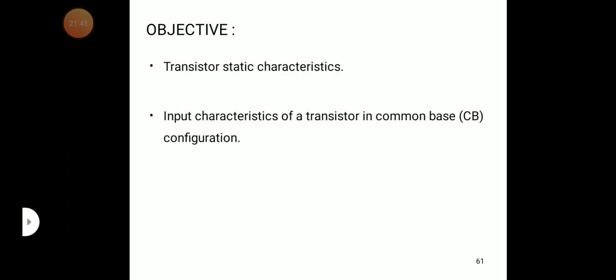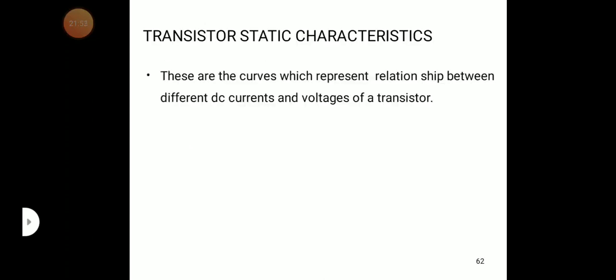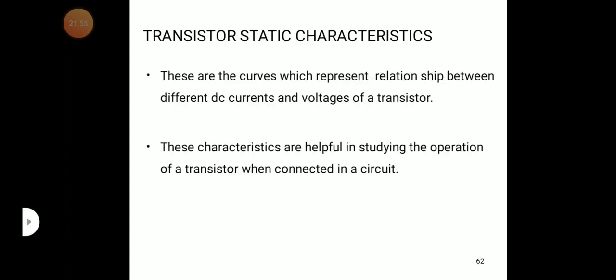Now we try to discuss the input characteristics of a transistor in common base configuration. Transistor static characteristics are the curves which represent the relationship between different DC currents and voltages of a transistor.